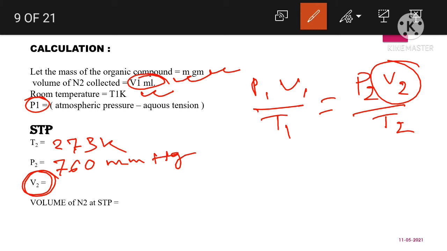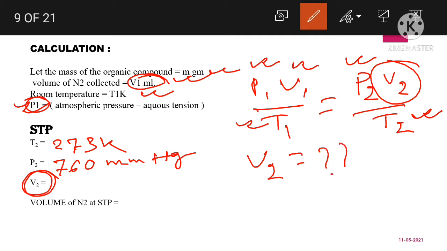We know P1, V1, T1, P2 and T2, so from the equation we can calculate V2, the volume of nitrogen collected at STP.